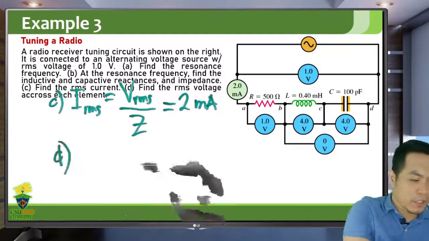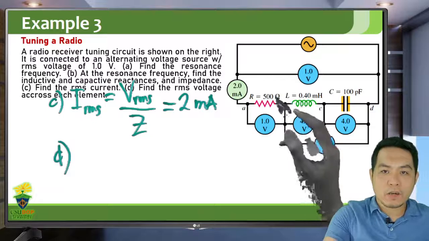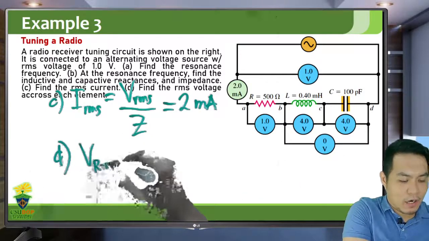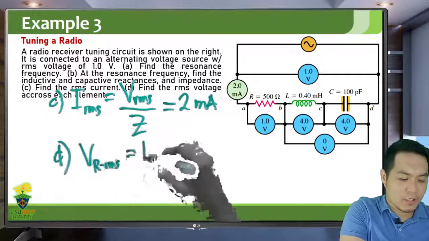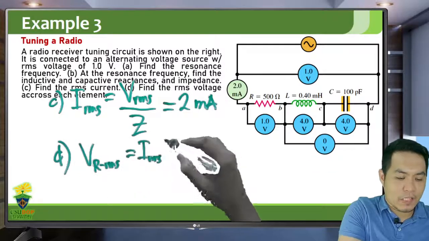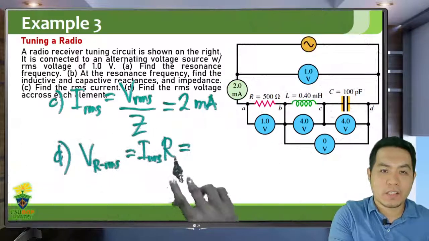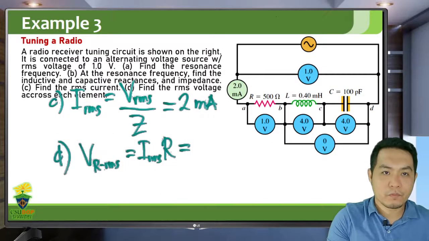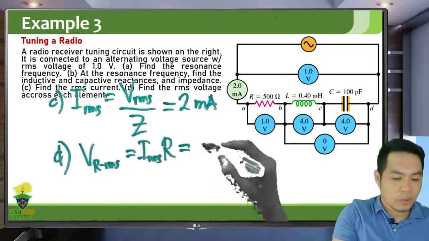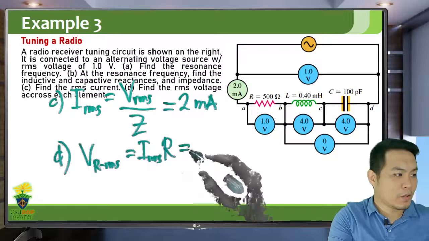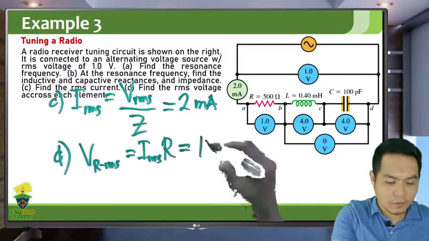So for letter D, the voltages across each of these. VRMS is just IRMS times the resistance. So across the resistor, the voltage is IRMS times R. You will get 2 milliamperes times 500 ohms, which is 1 volt.